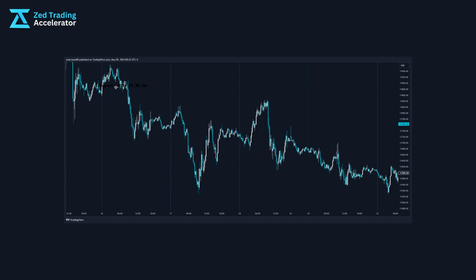So how did that happen? If you look carefully to the left, we took out a buy-side liquidity right here. Buy-side liquidity taken, and then price shifted lower. We have here a retracement higher.